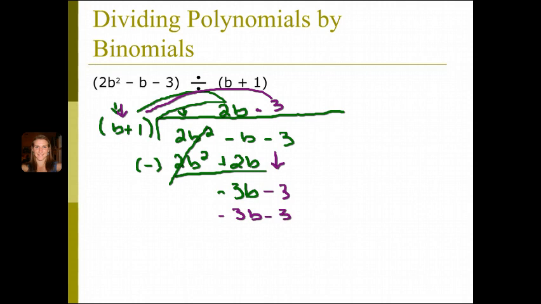We need to subtract. Negative 3b minus negative 3b cancels out. Negative 3 minus negative 3 cancels out, so we do not have a remainder here. And therefore, our factor is 2b minus 3. That's our final answer.